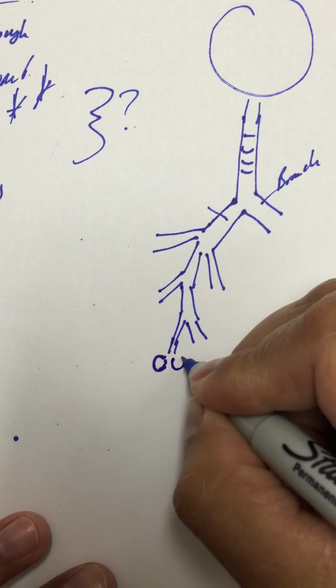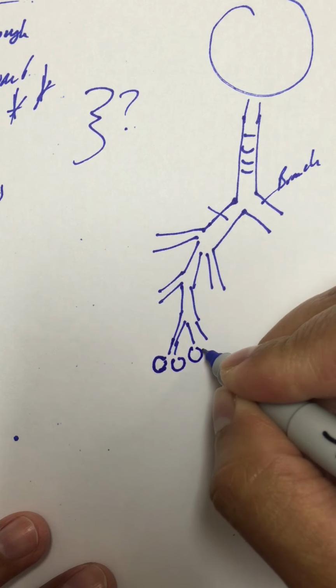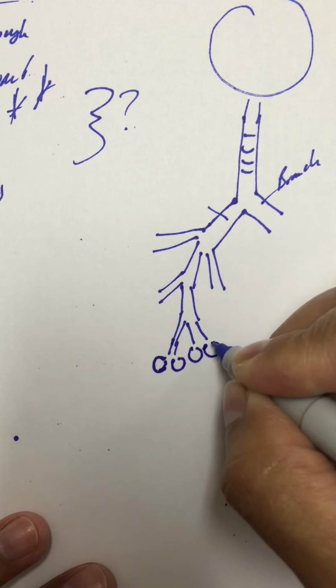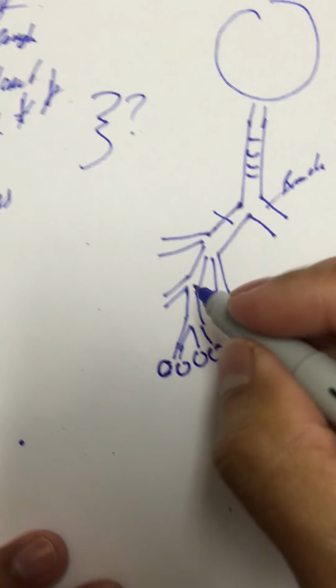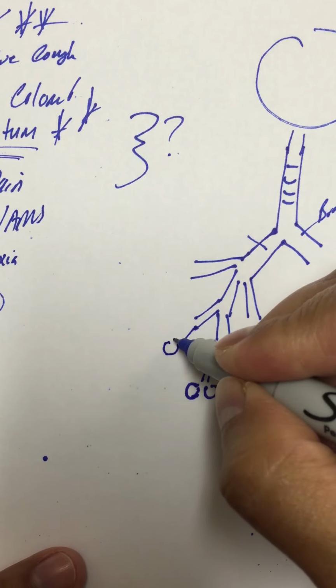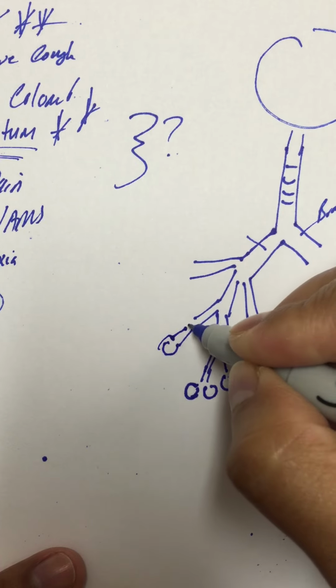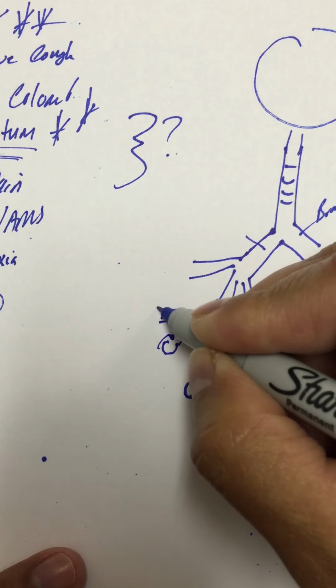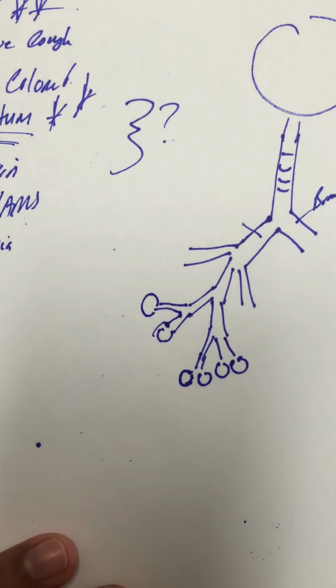Now remember that oxygen exchange will occur at the alveoli. Okay? Now I'm again making these very, very big. They do not appear this size in real life, but I'm just trying to explain something here.